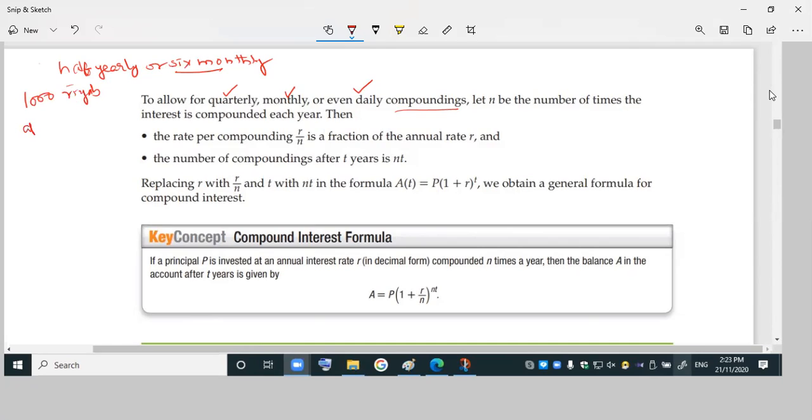So after 6 months, it depends: if we have 10% per annum, then in 6 months the rate will become half, and the number of periods will become double.